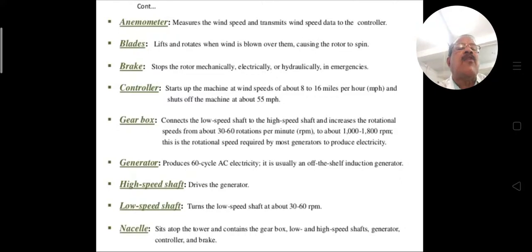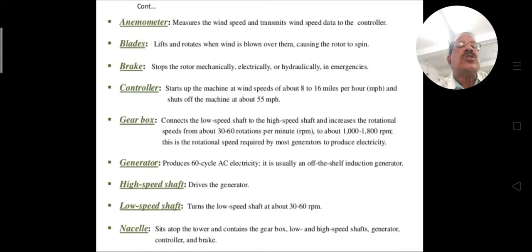This is the rotational speed required by most generators to produce electricity, and the gearbox is used to maintain a certain speed.